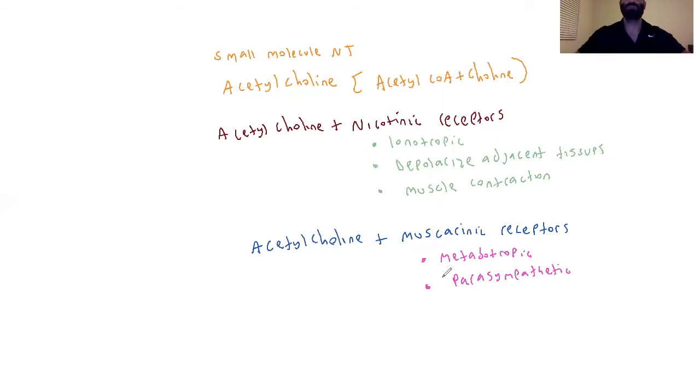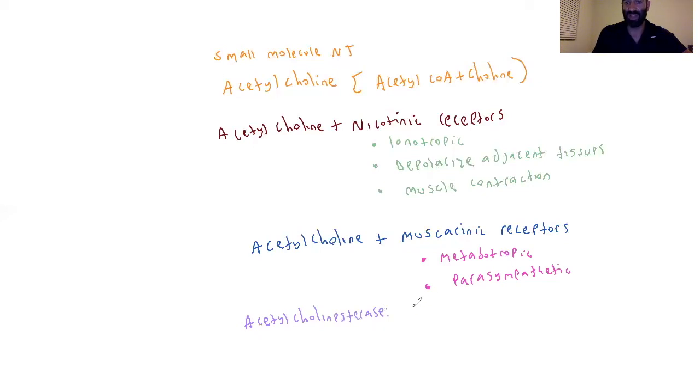Okay, now we'll talk about this a bit later too, but when acetylcholine is released into the synapse, it's also rapidly broken down by an enzyme called acetylcholinesterase. I think I spelled that right.